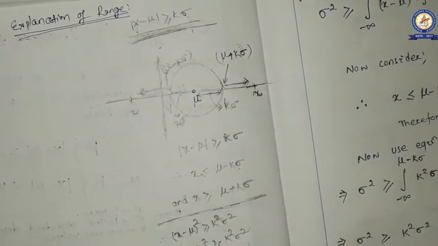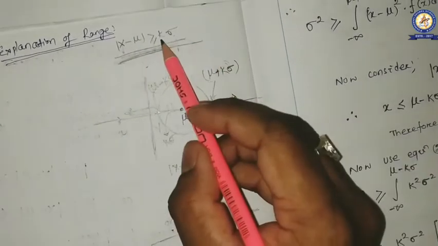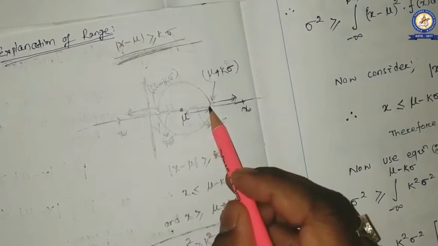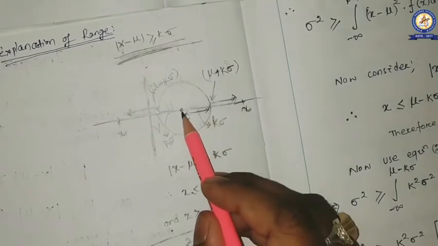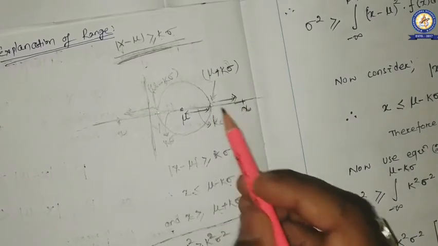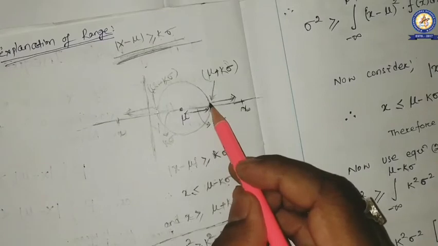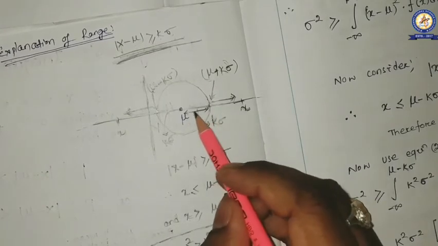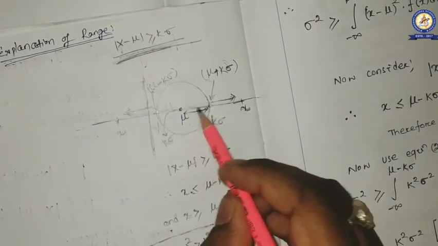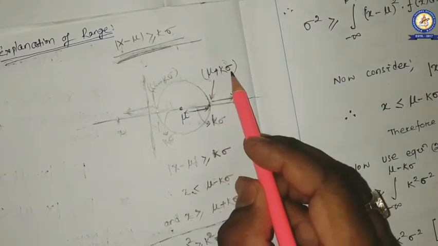How is it? See, this is the point mu and k sigma is the radius. If we move along the positive x-axis direction, this point will be mu plus k sigma.